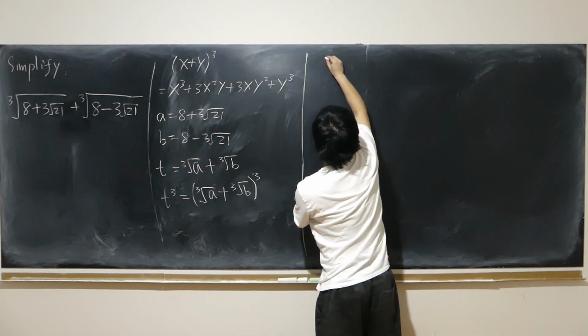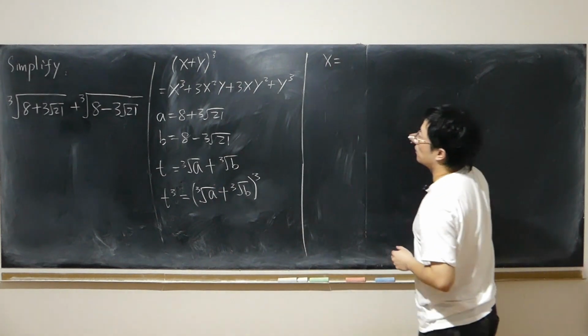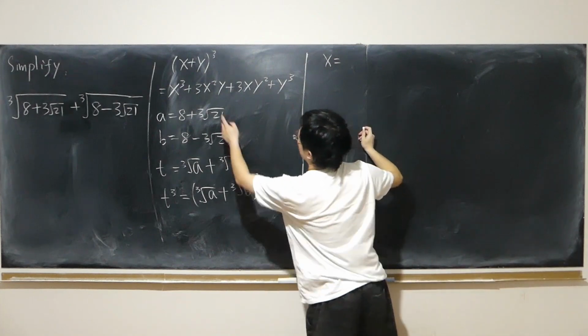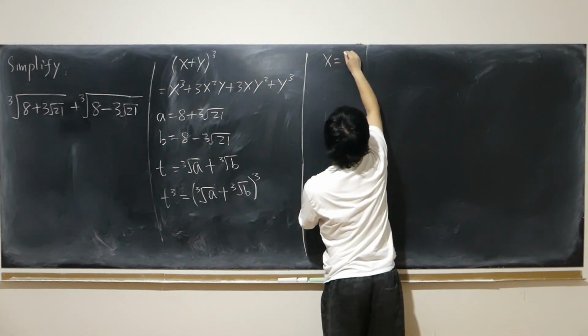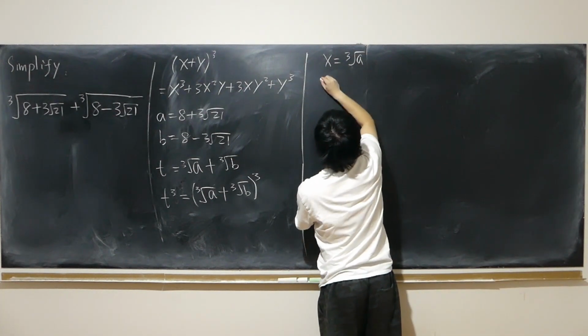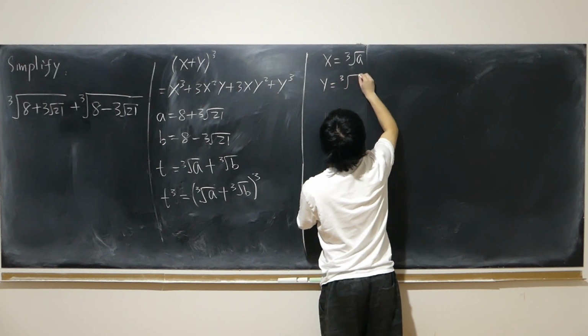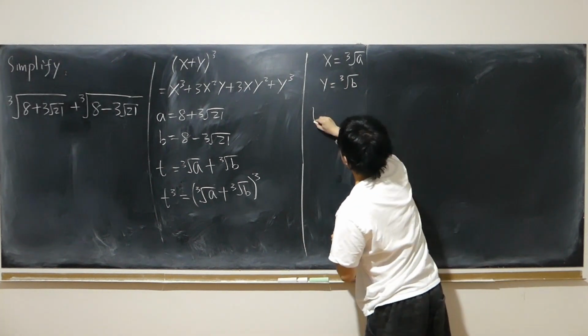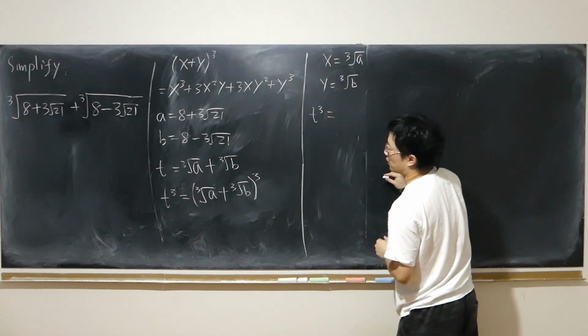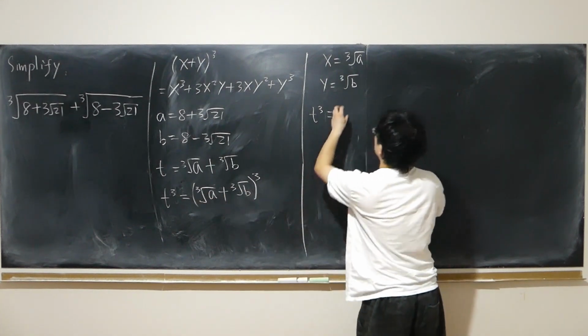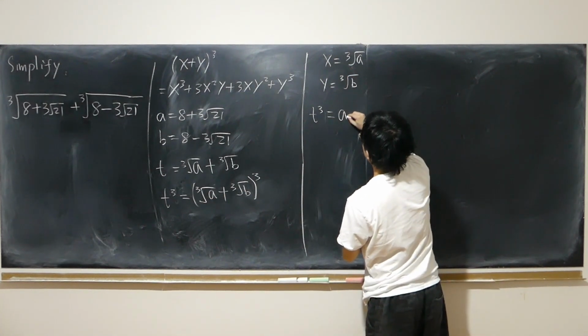simply I let x equal this part, y equal cubic root b. So that way t cubed becomes x cubed. So x cubed becomes a.